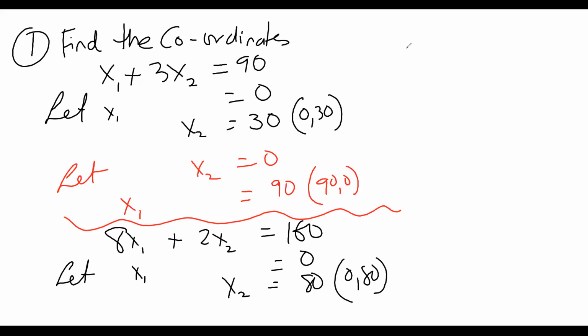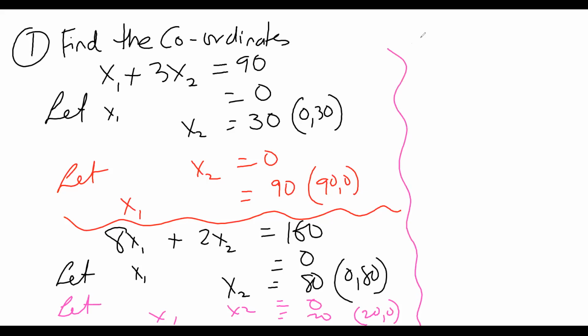Then you go and say now, let x2 now be 0. If that is true, x1 now equals 20. So your next coordinate is 20, 0, and you're finished with that one.